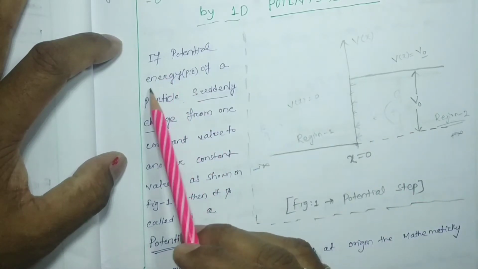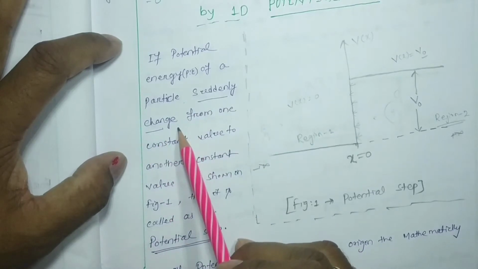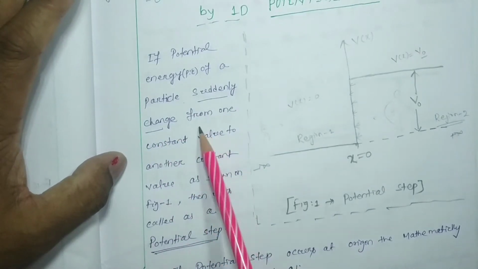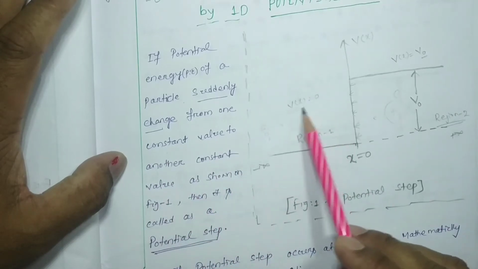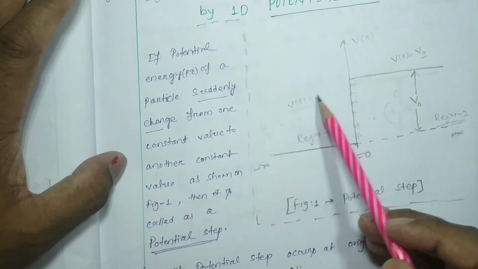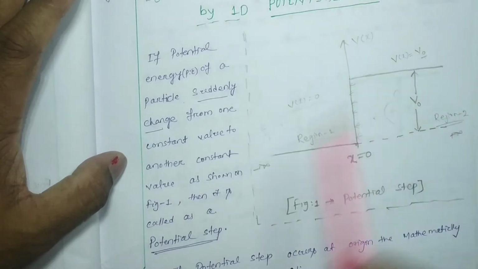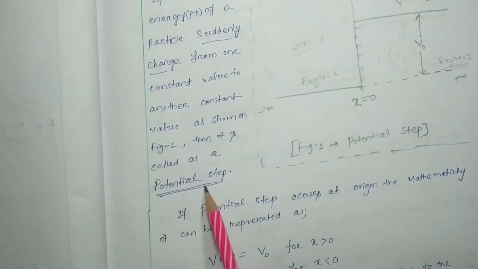So if the potential energy of a particle suddenly changes from one constant value to another constant value, here V(x) equal to 0, here V(x) equal to V0, a constant value of 0 changing to the V0 value as shown in the figure, then it is called a potential step.